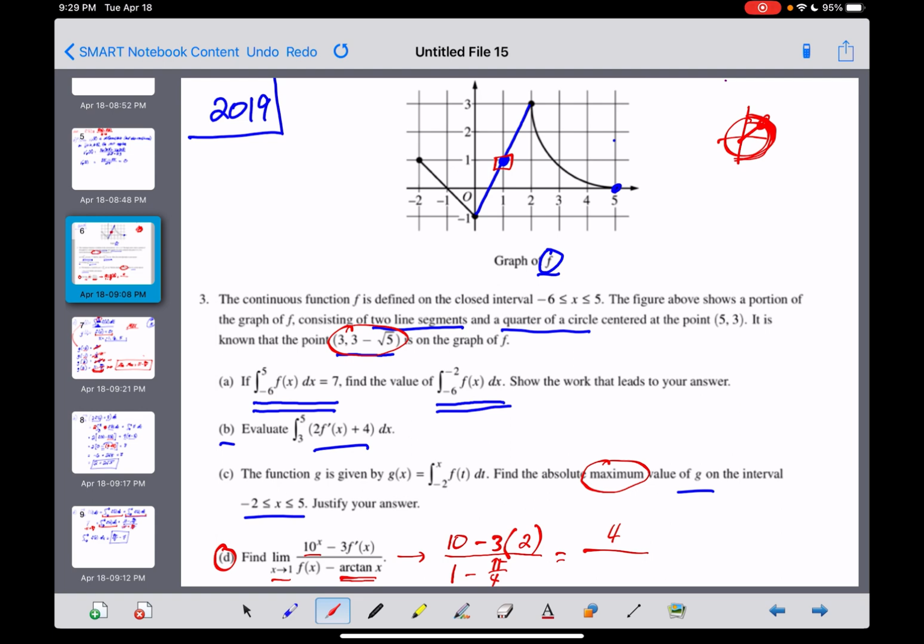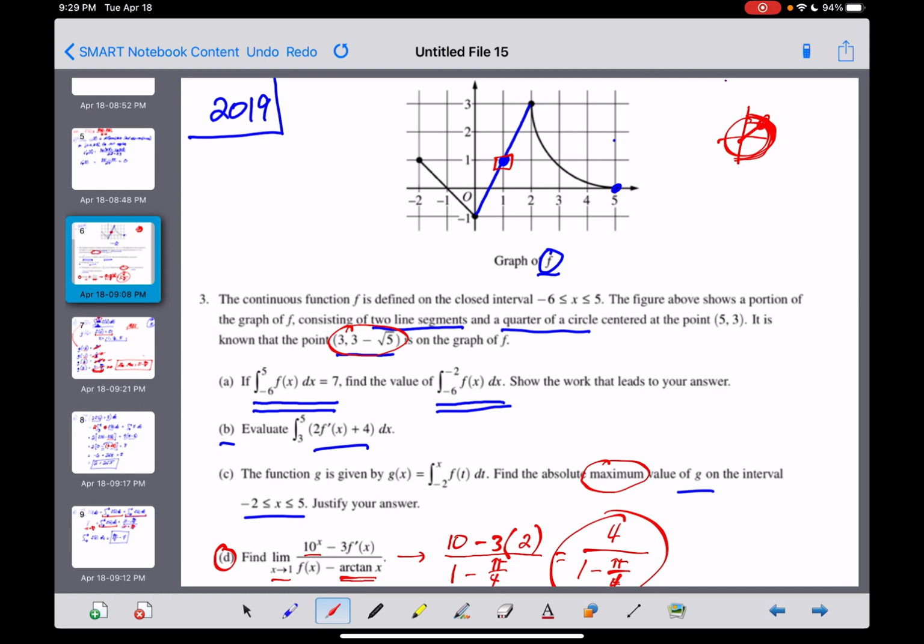The denominator is kind of ugly, but I want to remind you guys that according to what they say and what they tell me to tell you guys, you don't have to simplify your answers. You can leave this in the ugly form of 1 minus pi over 4, and in fact, that is exactly what they have written down for their answer here in the solutions manual, 4 over 1 minus pi over 4.